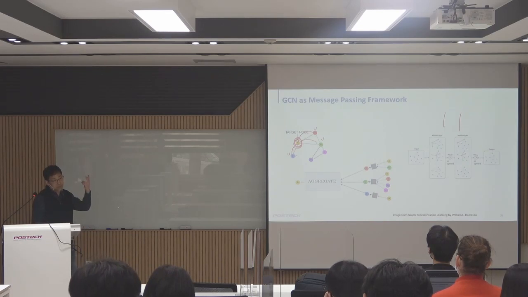And if we do have two hidden layers, that means I will go up to the second jump. You see what I'm trying to say?